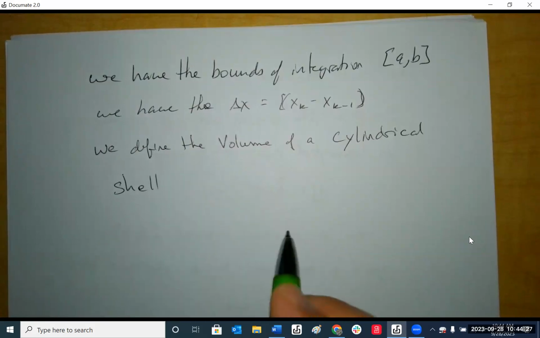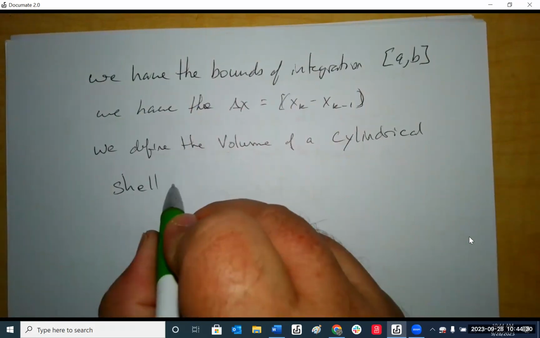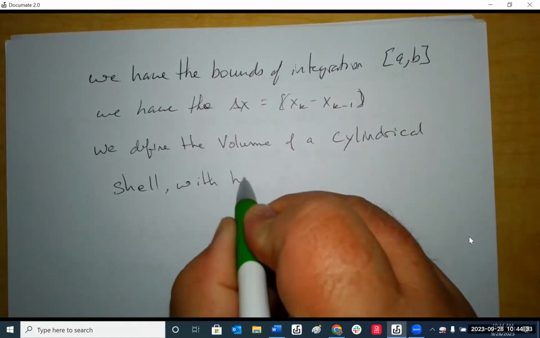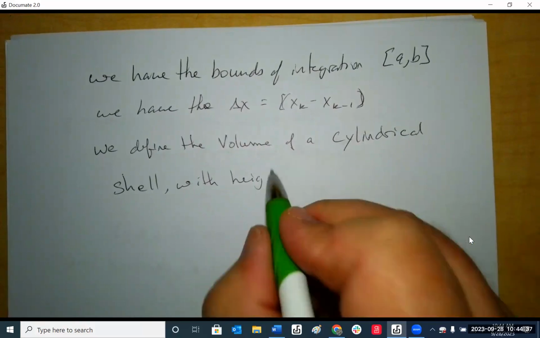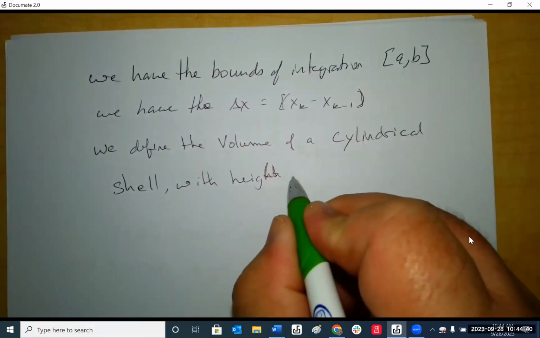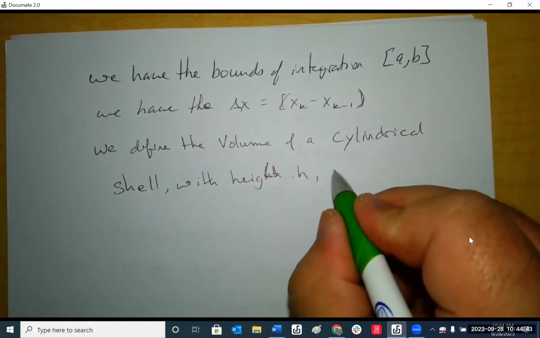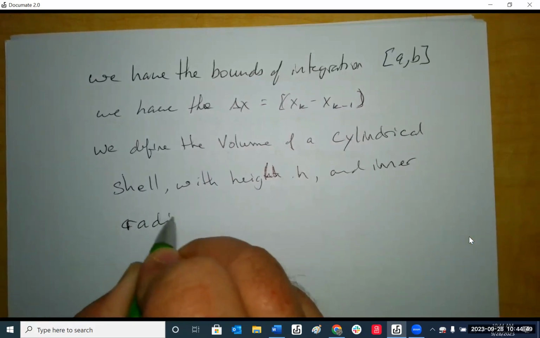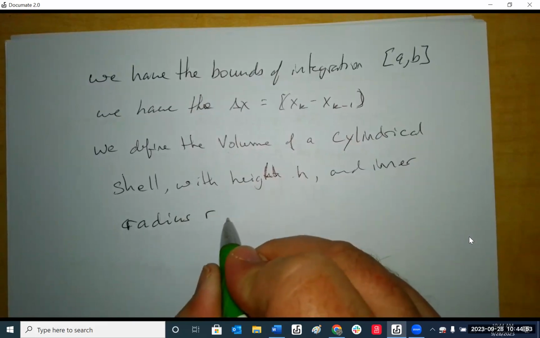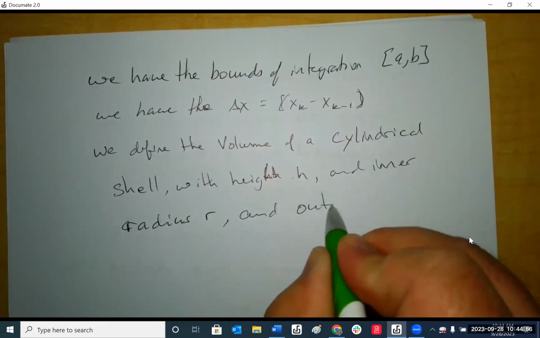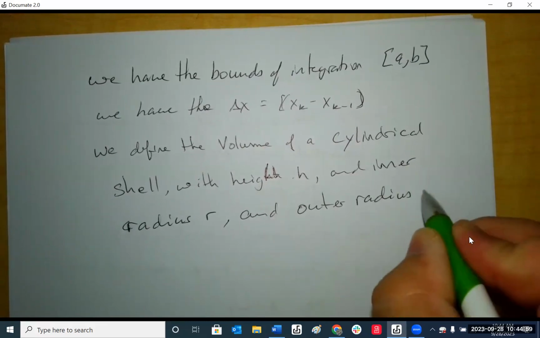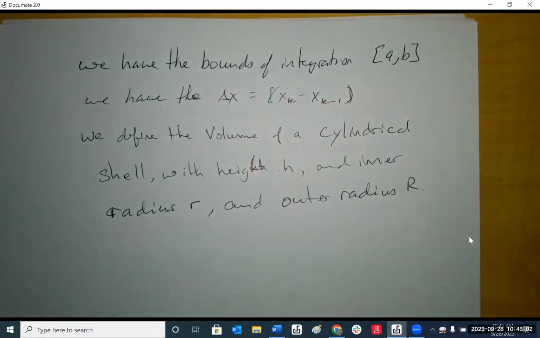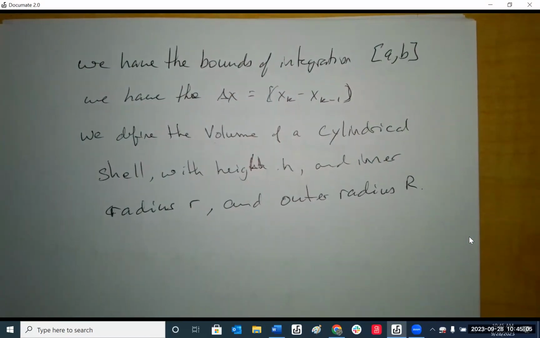We define the volume of a cylindrical shell with height h, inner radius r, and outer radius capital R. Remember, our function is continuous, it's differentiable.